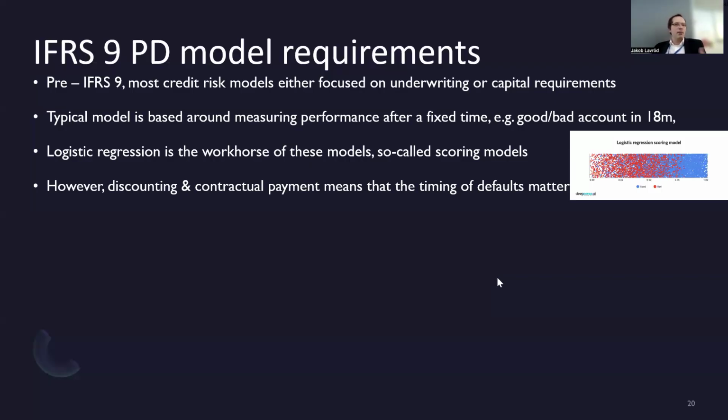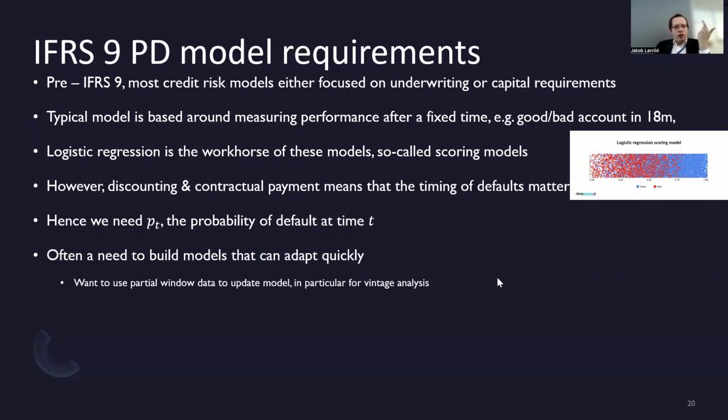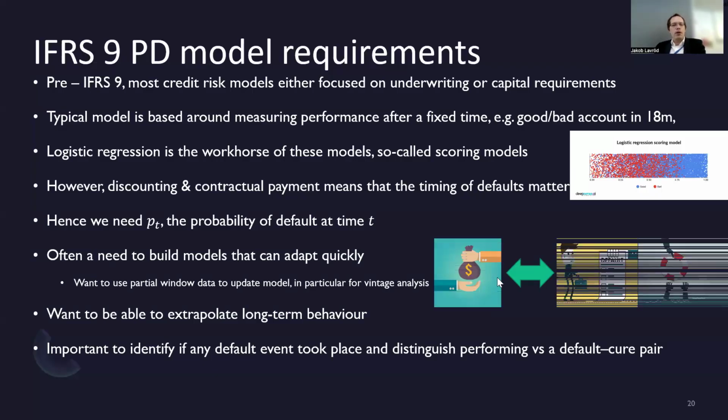That's a lifetime default of one in both cases, but the economic consequences are very, very different, and we need to be able to reflect this in the model. Hence, this is why we need to model the probability at each time. Often you use months as a time scale, and you need to build a model for this. That also allows you to think about extrapolating long-term behavior.